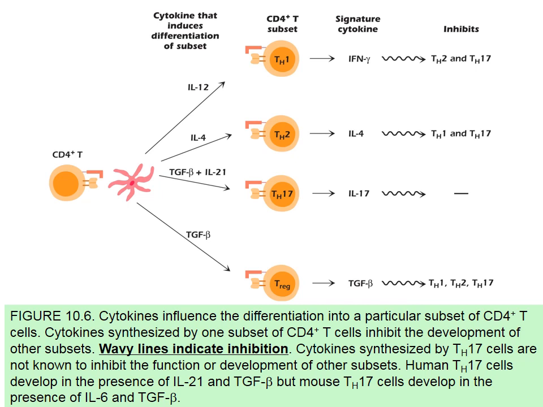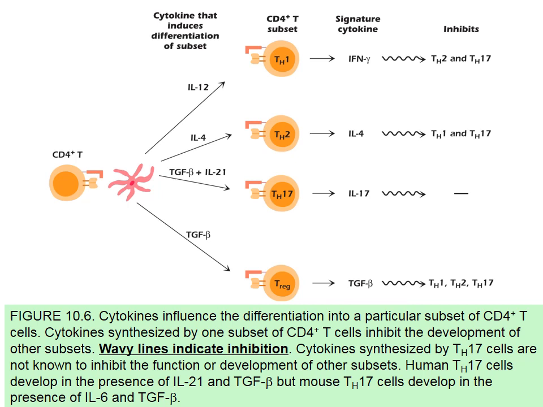And it could be negative, inhibition, as well. So in this picture, if it's a wavy line, it says inhibition. Once an antigen-presenting cell talks to a CD4 T cell, it has a message telling the T cell what type of subset is needed and what we need to produce.